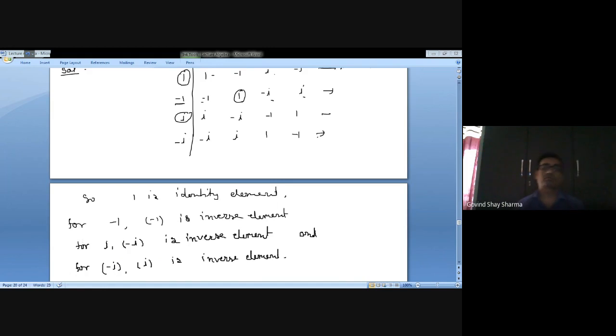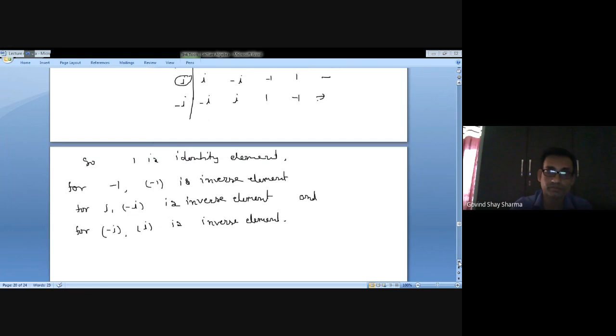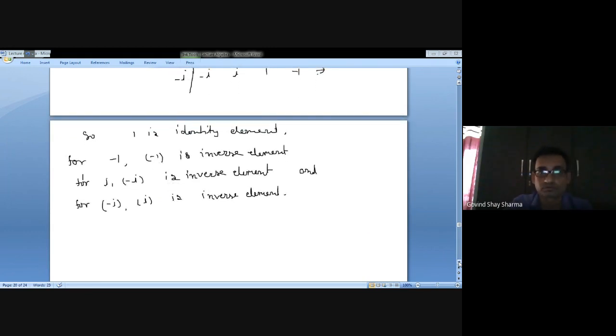To summarize: the identity element is 1, minus 1 is its own inverse element, iota and minus iota are inverses of each other. So {1, minus 1, iota, minus iota} for multiplication is a group. Is this abelian or not?